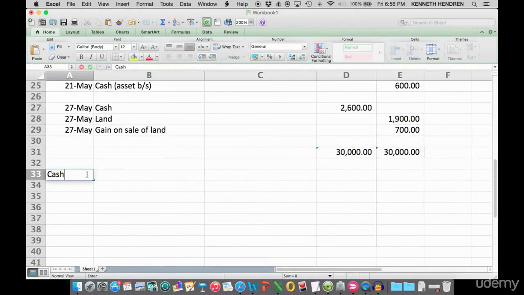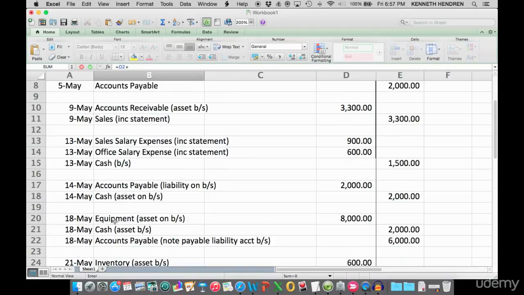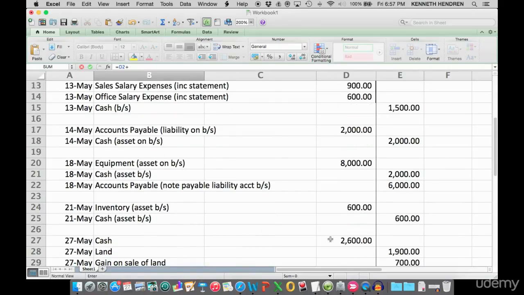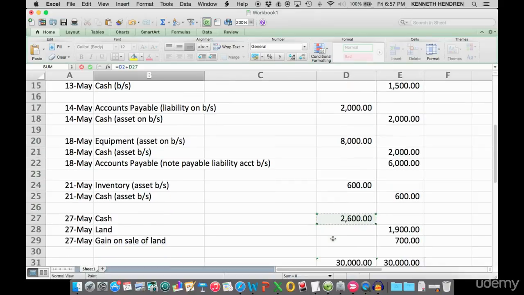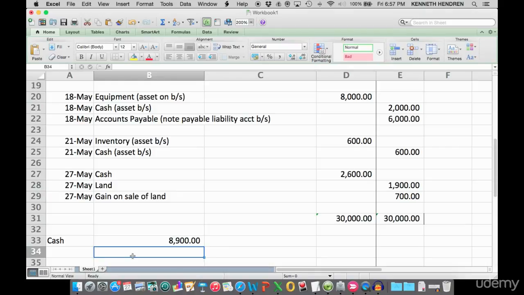Okay, and it's kind of like this. Cash. So we had increases in cash. Alright, we have a cash increase there. Okay, so cash went up by $8,900.